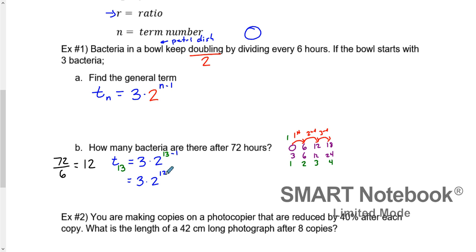So that's where that 12 actually comes in. As we take that 13 subtract 1, we get that 12, and it all works out nicely. When we're plugging into our calculator, we have to apply a little bit of logic. Now, 2 to the power of 12 is 4,096 times the 3. So after the span of 3 days, there'd be 12,288 bacteria.